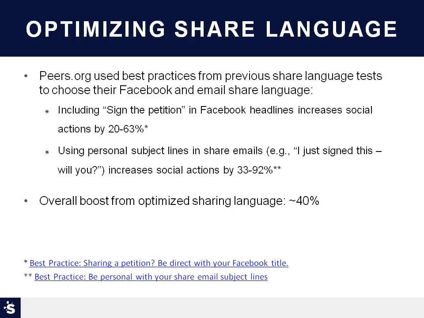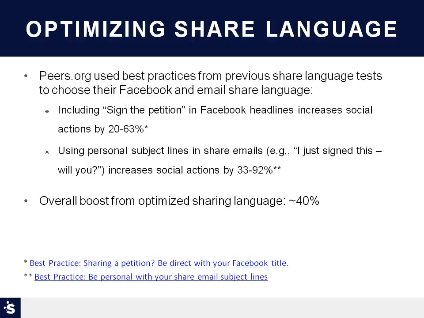They didn't actually run any tests themselves, but they used some of the studies that we've done to include approaches that generally make people more interested in responding. So one of them was when they gave people something to post on Facebook, they included the text "Sign the petition" in the Facebook headline, which, through past analyses that we've done with organizations, was found to increase the number of people who click on that and then sign the petition by between 20 and 60%.